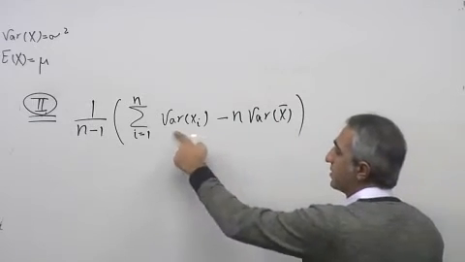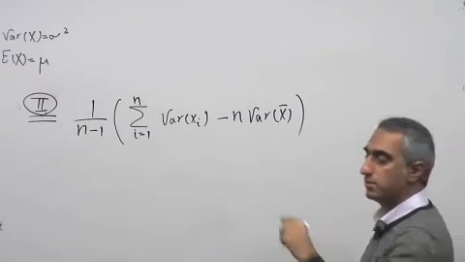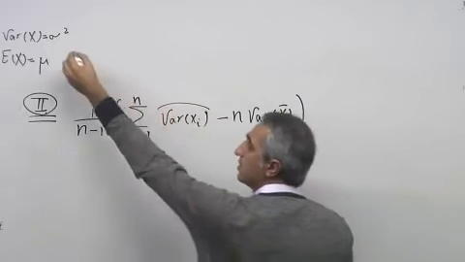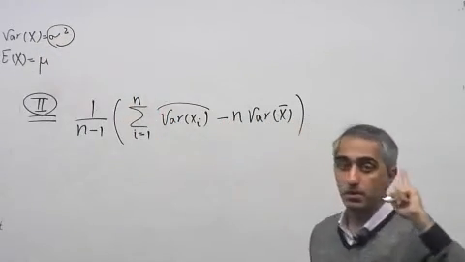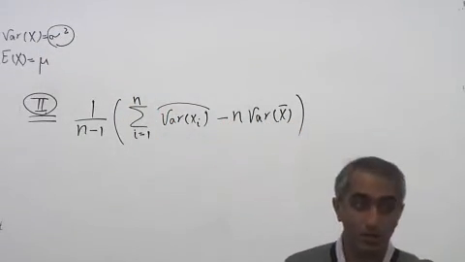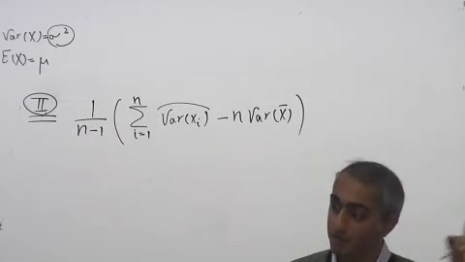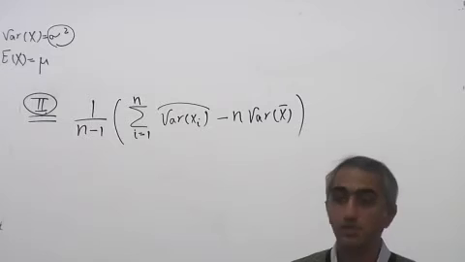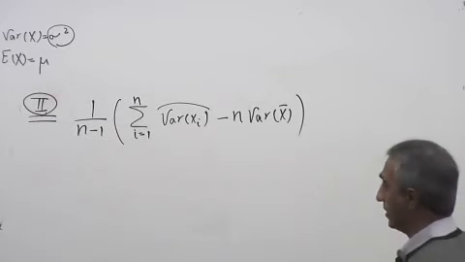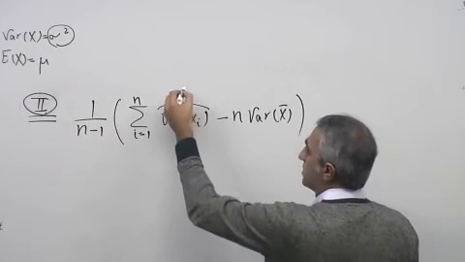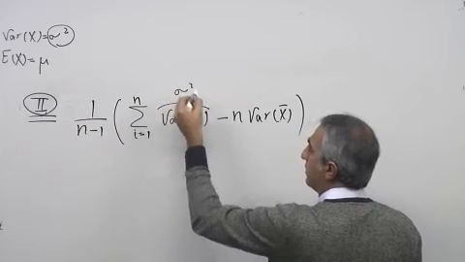So what is variance of xi? Anybody knows? It is sigma squared. Remember, xi's are IID, which means they are identically distributed. So all of them have the same variance, which is sigma squared.